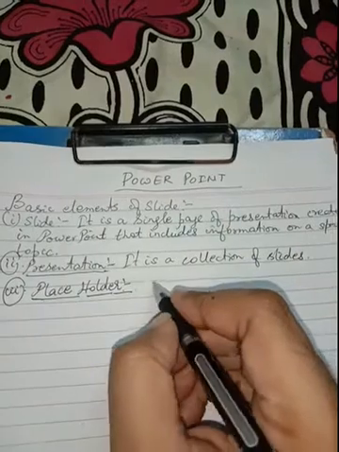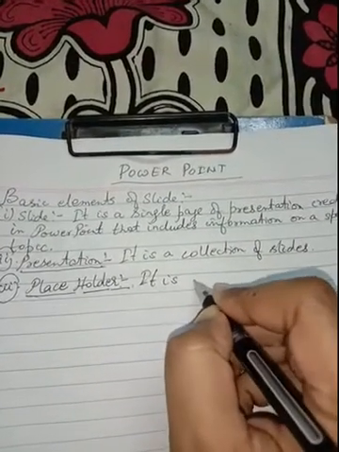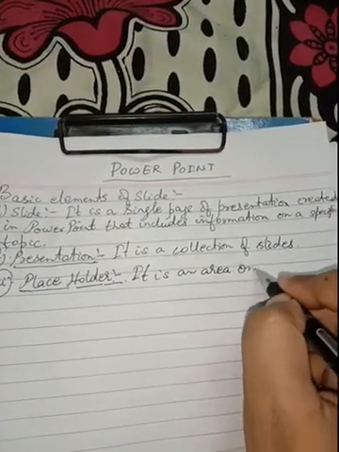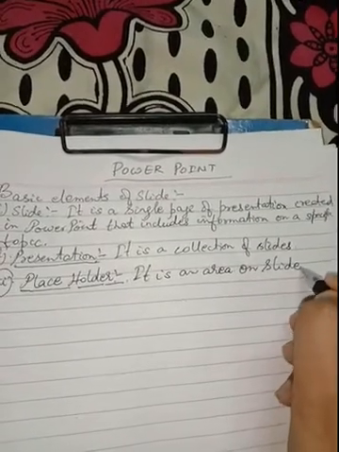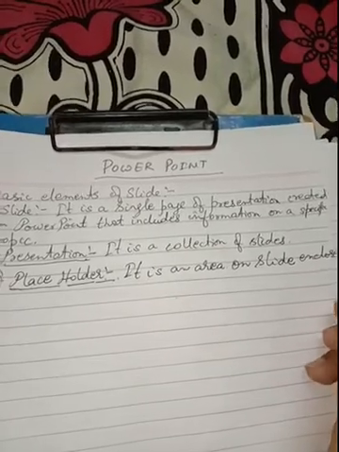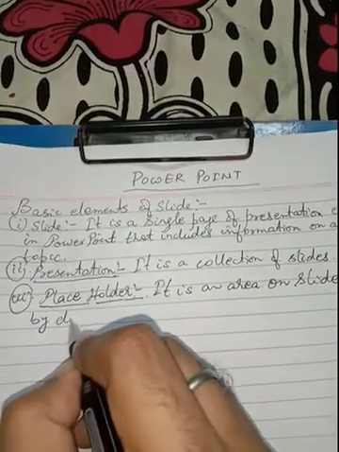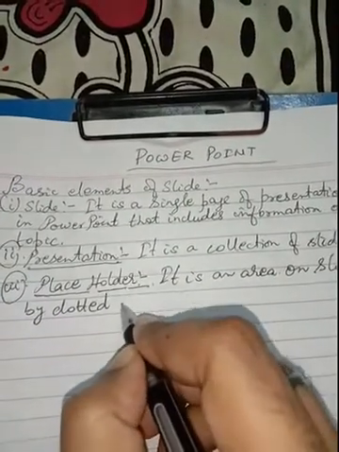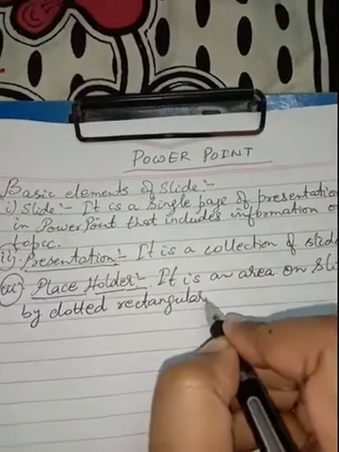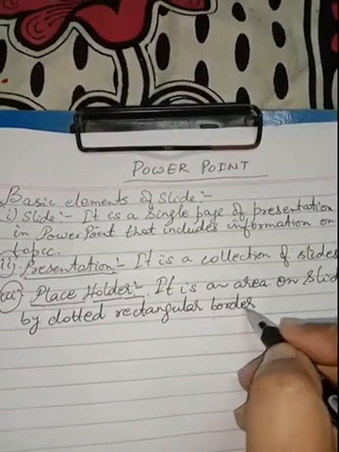So when we are asked to describe what a placeholder is, we can say it is an area on a slide enclosed by a dotted rectangular border and can contain an object.